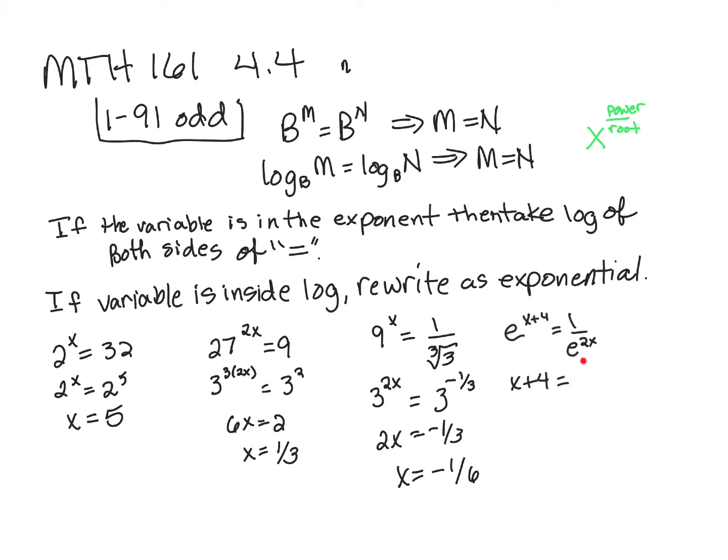We see it's on the bottom, so it's negative 2x. And now we just solve for x. So I'm going to add 2x to both sides, subtract 4, and divide. Minus 4/3.